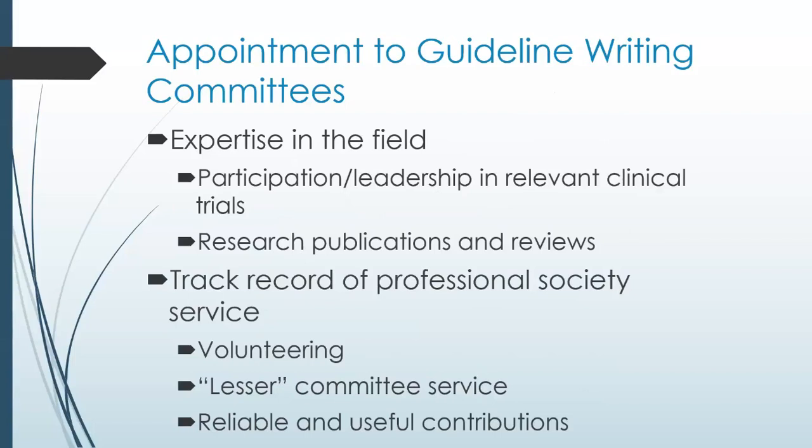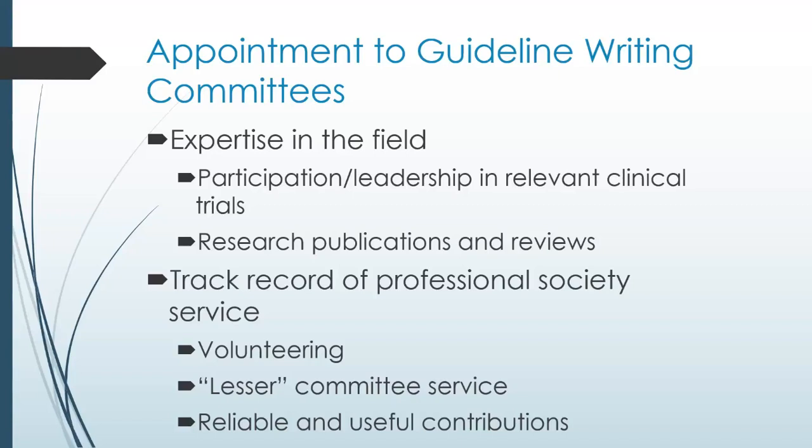So how do you get appointed in the first place? Well, expertise in the field. Have you been participating in or leading relevant clinical trials? Do you have research publications and reviews? Do you have a track record of professional society service? Have you been a volunteer? Have you done, I put lesser in quotes here, because guideline committees are pretty much the top of the heap in professional societies.